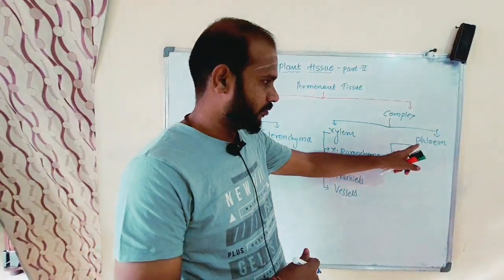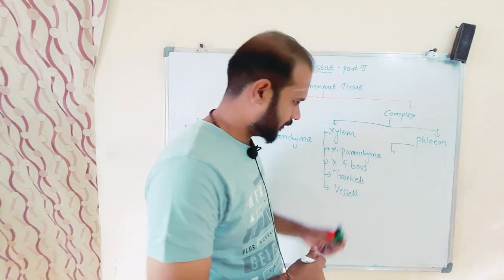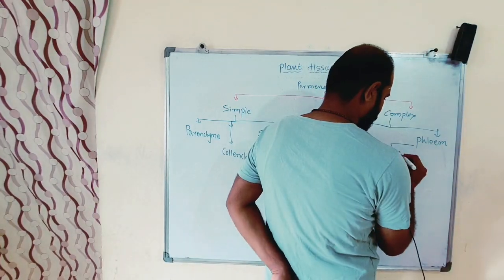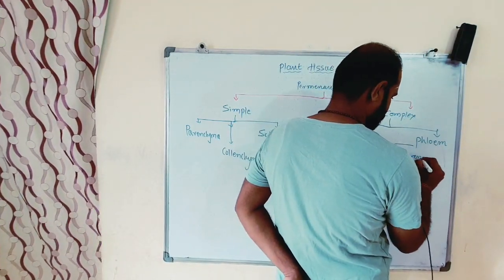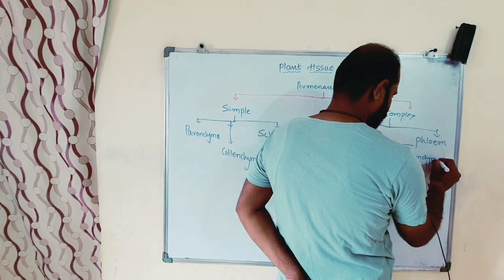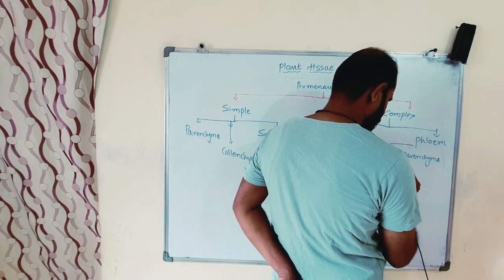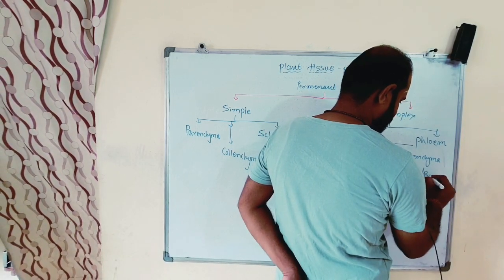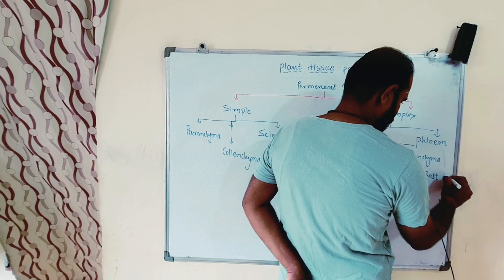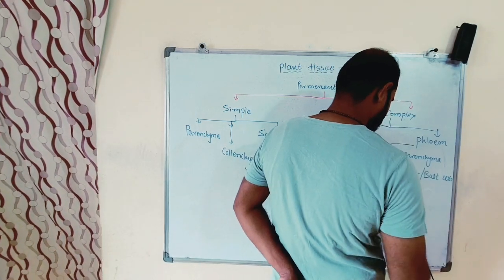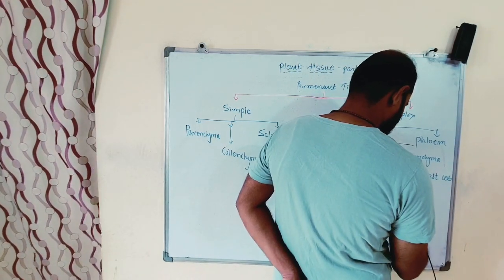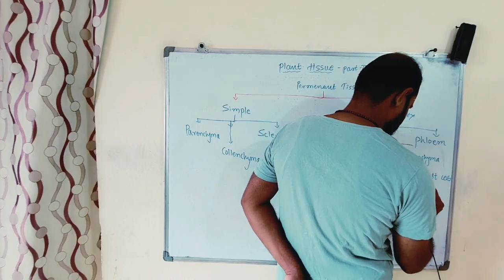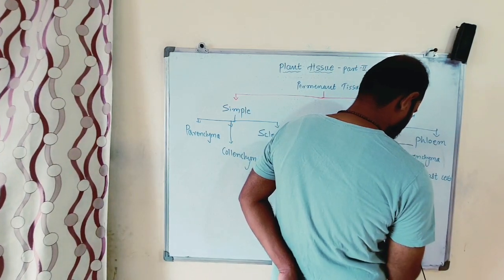We'll see when we study the phloem in detail. Phloem parenchyma, phloem fiber, or you can say bast cells, third, companion cell, and last one is sieve tube.